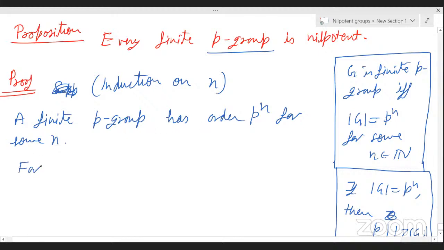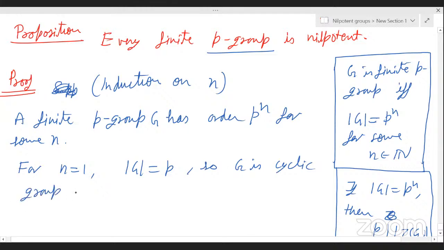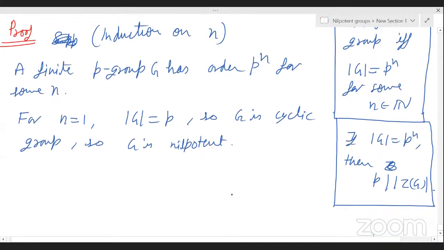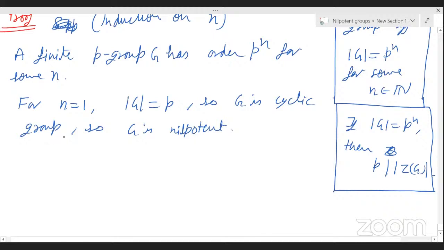For n equal to 1, the finite p-group, let me call it G, has order p to the power n. So for n equal to 1, the order of G is p, so G is a cyclic group, and a cyclic group is abelian, so G is nilpotent. I hope this is okay for you. So a group of order p is always nilpotent.